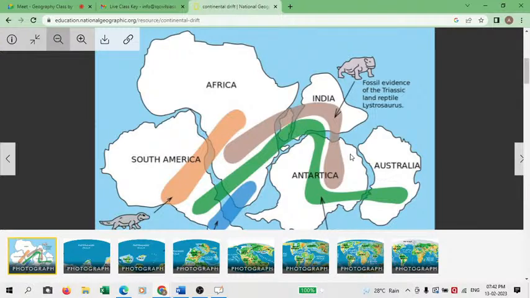ये भी हो सकता है कि at different places on the surface of the earth parallel evolution is happening.